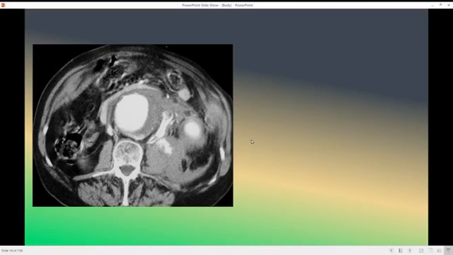Okay, we receive some answers. This patient has aortic aneurysm with extravasation and rupture.